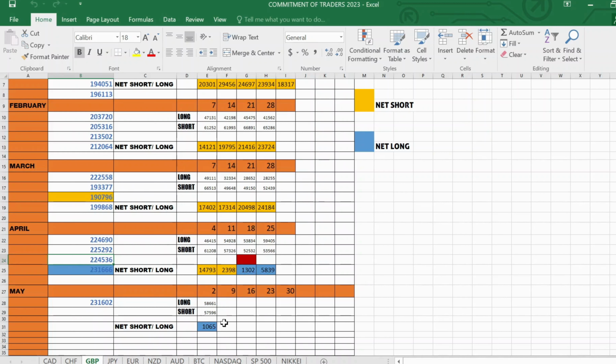But we will go further back, a few weeks back. You can see the shorts were more than the longs. The yellow color indicates that it was negative 23.98.